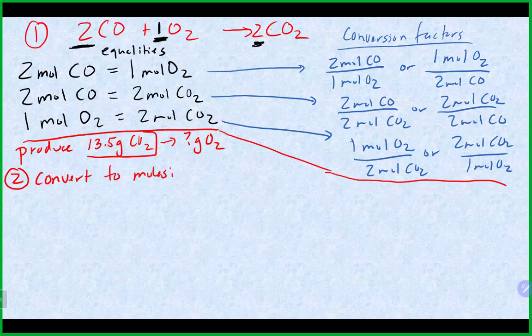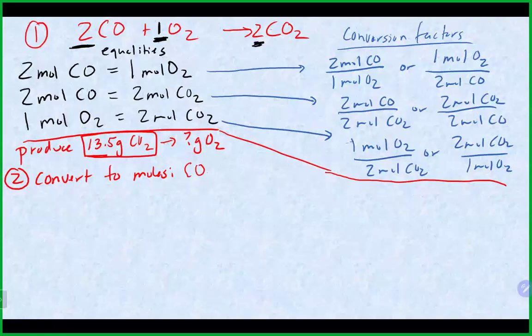In this particular case, we do need to do that because the only piece of information given to us was grams of CO2. And we can convert into moles by using the molar mass. So we would have to go to the periodic table and calculate the molar mass of CO2.